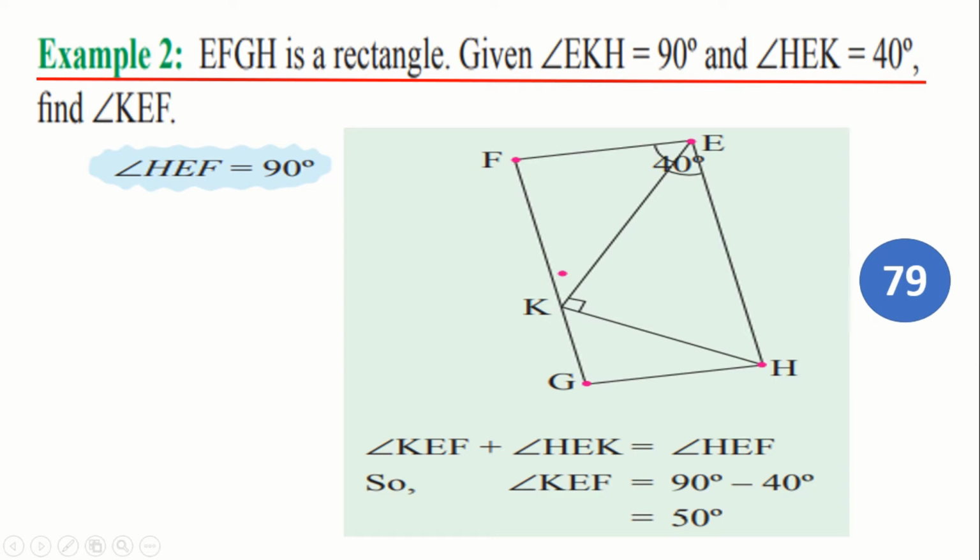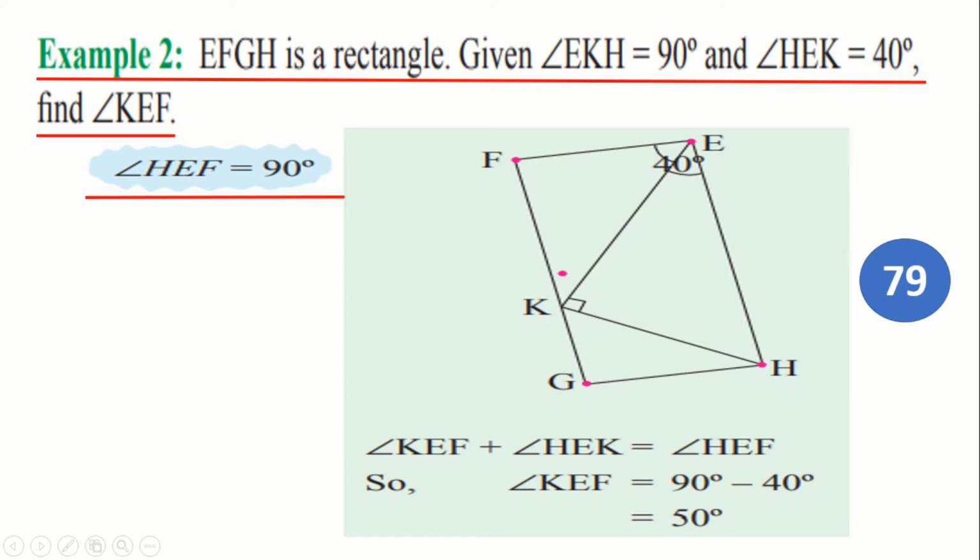Now if this is a rectangle, look at the figure here. The angle HEF is equal to 90. Here, the top right side corner is 90. Then you're going to find the angle KEF.